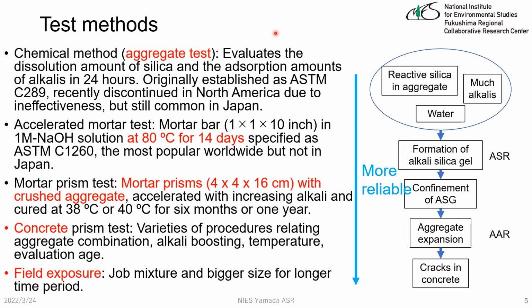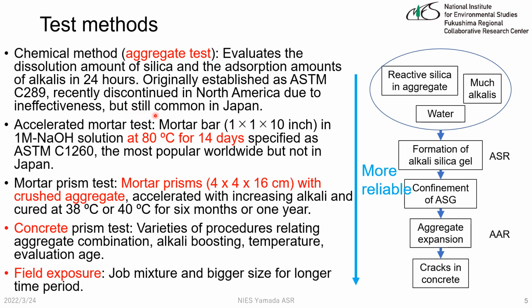In order to detect the reactivity of aggregate, various test methods have been developed. The simplest one is a chemical method applied to aggregate. This method evaluates the dissolution amount of silica and adsorption amounts of alkali in alkaline condition.